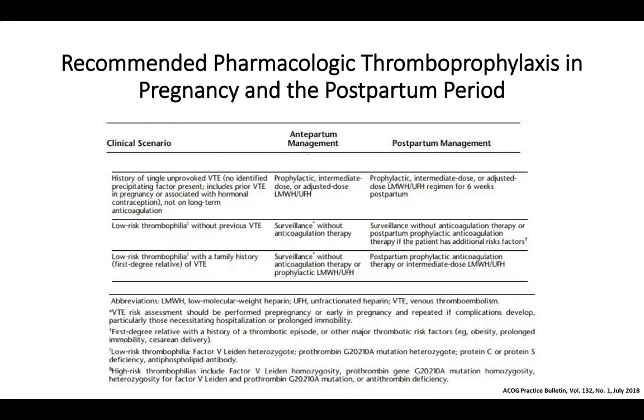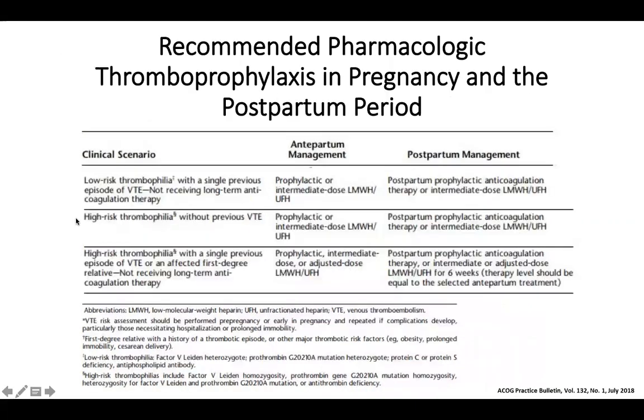You can go to the next slide so that they can see this while we're talking through this. I had a quick question for you, Barry. For the patients who have two low-risk thrombophilias, are they then automatically considered to be in a high-risk category by having those two? Does it matter which two?